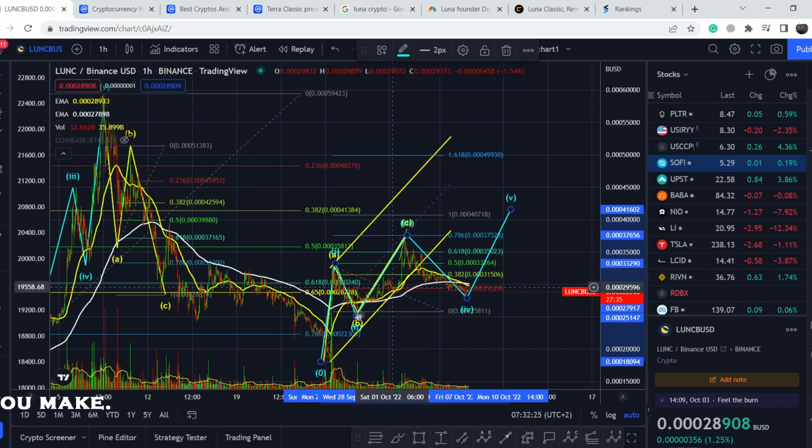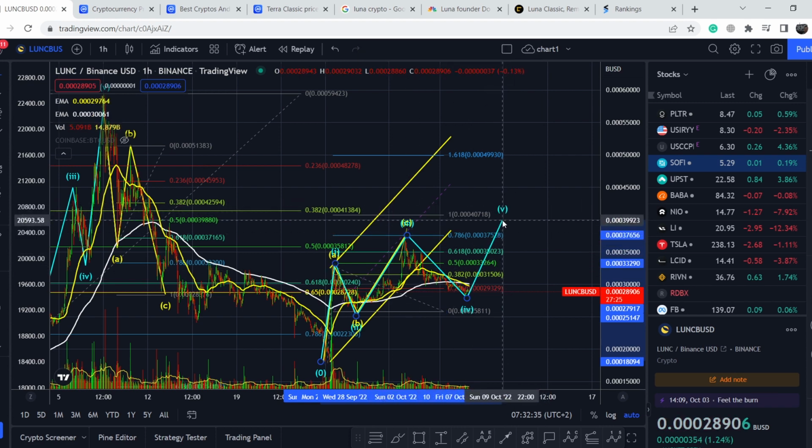And definitely because of its structure, because the third wave is shorter than the first one, we cannot have a fifth wave that is higher than the third one. This means we cannot have this movement, I guess, higher than this range of about $0.304. And this means we have two crucial points.